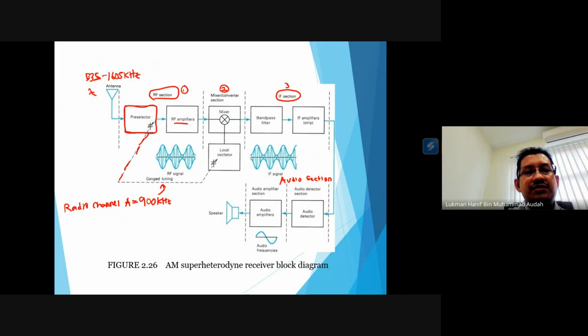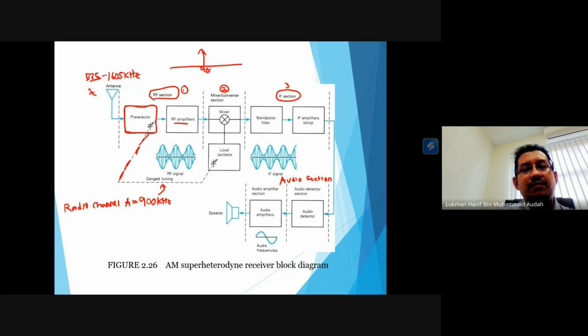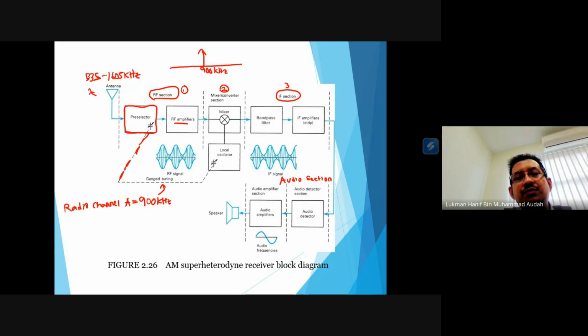That means if I want to listen to the 900 kilohertz radio channel, I'm giving the instruction to the pre-selector to tune at the center frequency of 900 kilohertz. So when I tune my radio to 900 kilohertz, I'm actually giving the instruction to the pre-selector.